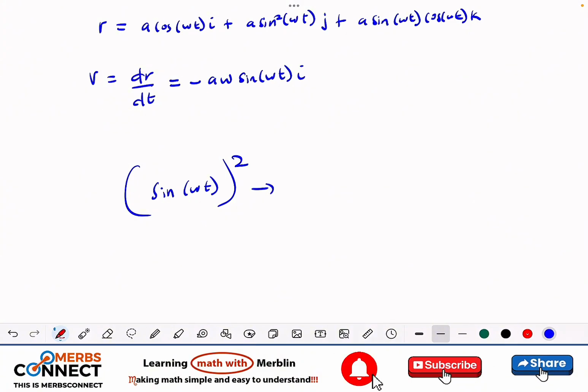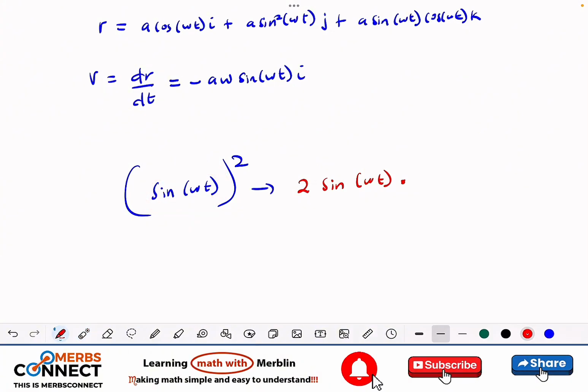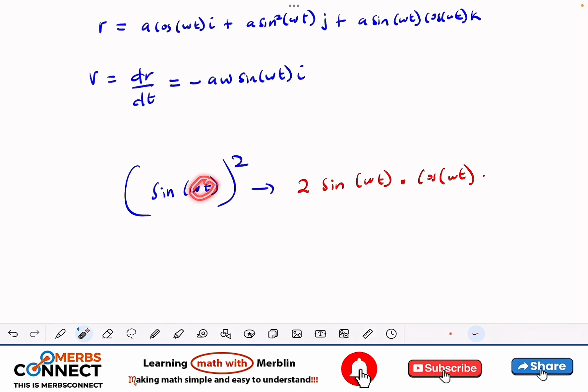For us to do this, this is how the differentiation is going to be. First, I will apply the power rule. So I'm going to have 2 sine omega t, and when I subtract 1 from the power, it will be 1, so it's just to the power 1. Then I will differentiate what is inside the bracket, which gives cos omega t, times omega.